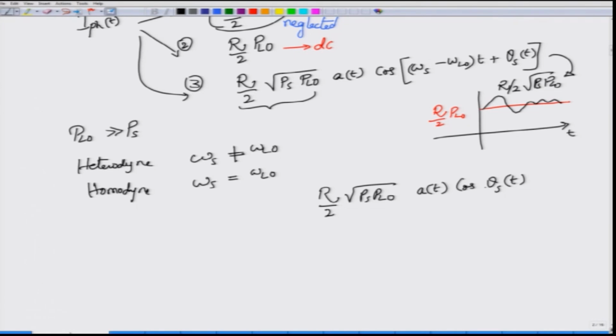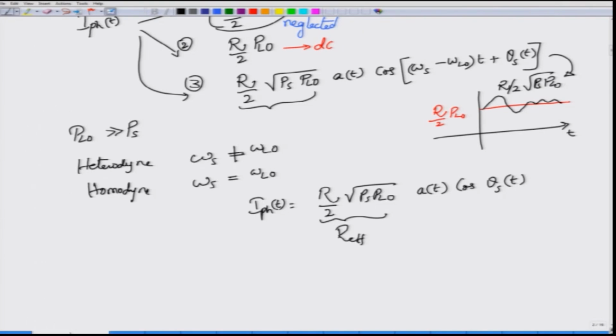So you have managed to obtain the photocurrent, and neglecting the DC part, the time varying component is given by a new value of effective responsivity.